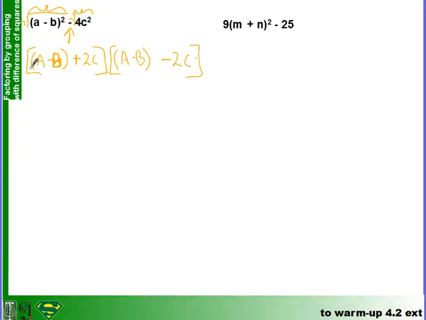Oh, okay. I do not need these parentheses here because I'm not multiplying it by anything. So I'm just left with a minus b plus 2c times a minus b minus 2c. And that's it. That is the end of it.